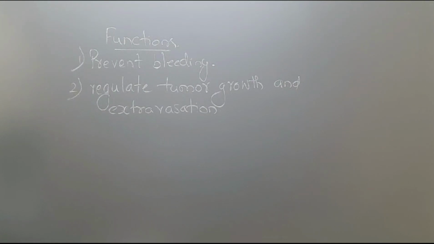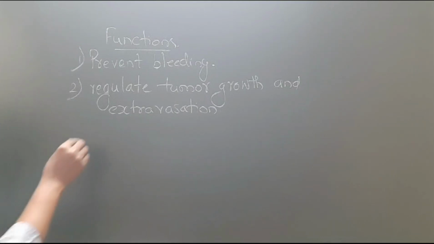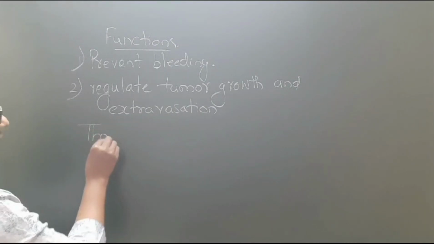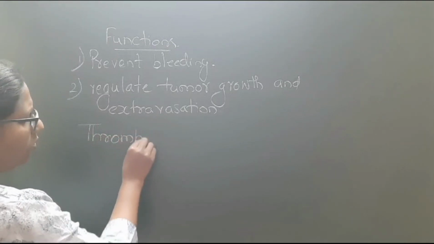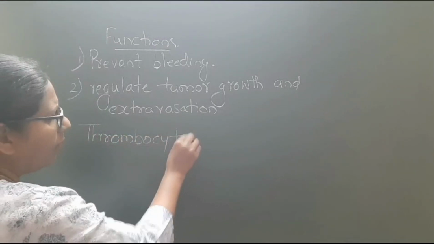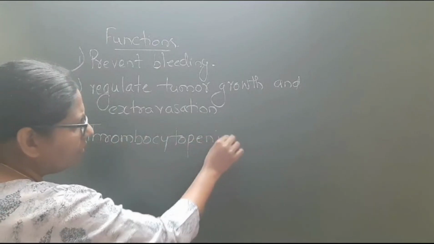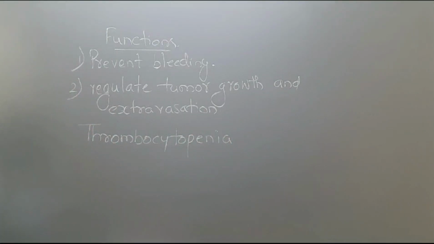If the platelet count is very low, then there is chance for life-threatening conditions. Low platelet count or low platelet level is called thrombocytopenia. This means low platelet level. If it is severe thrombocytopenia, then life is in danger.